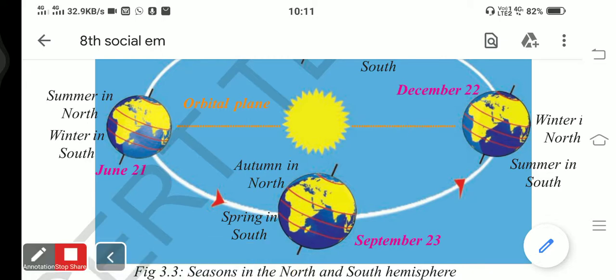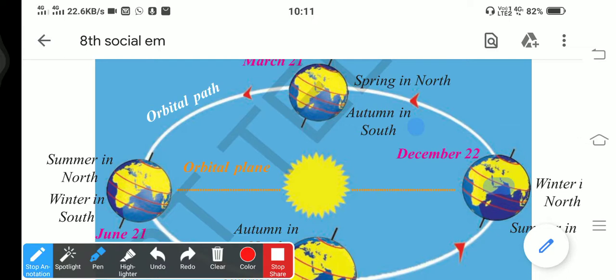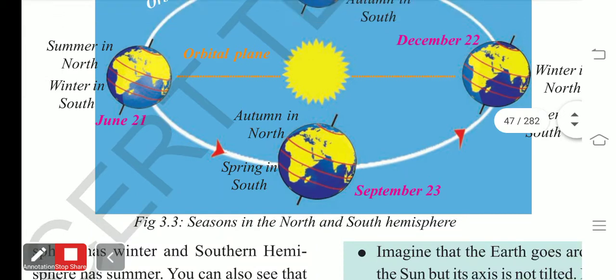Then coming to March 21st, sun rays fall directly on the equator. And we also see that sun rays fall vertically on the equator on September 23rd.